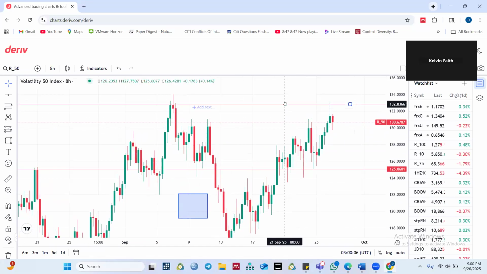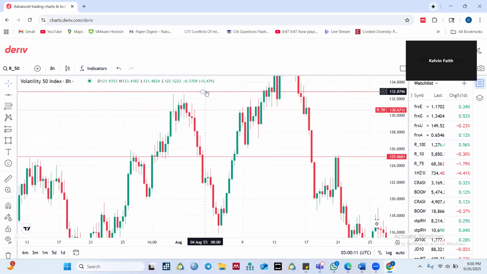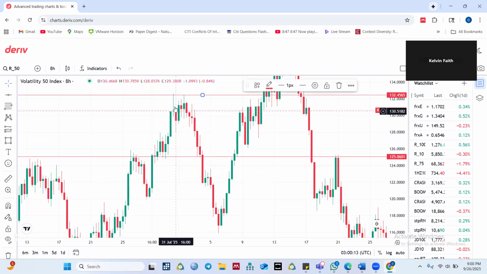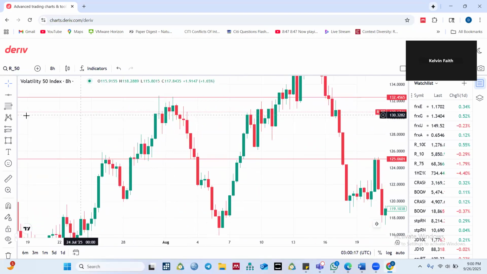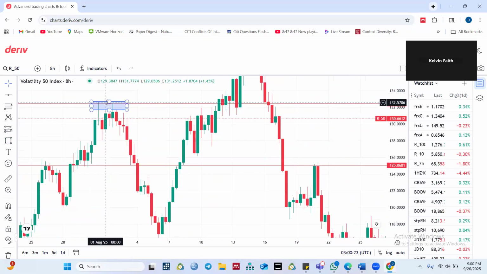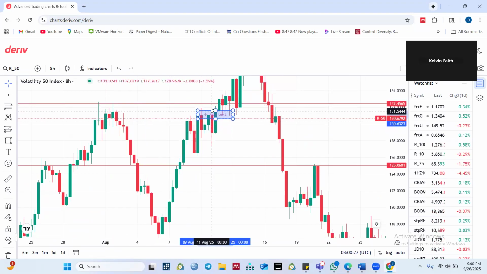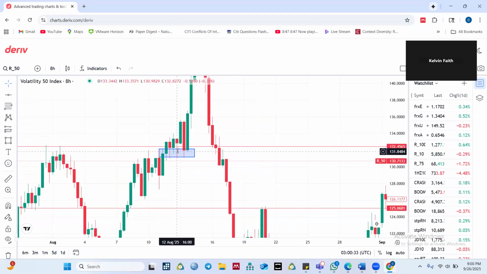Another point is this one. This is the 8 hour, so you will see this as wicks. But when price hit this area, you see rejections off that line. And then around here, price hit and closed above it, retested, and used it as support to move up.